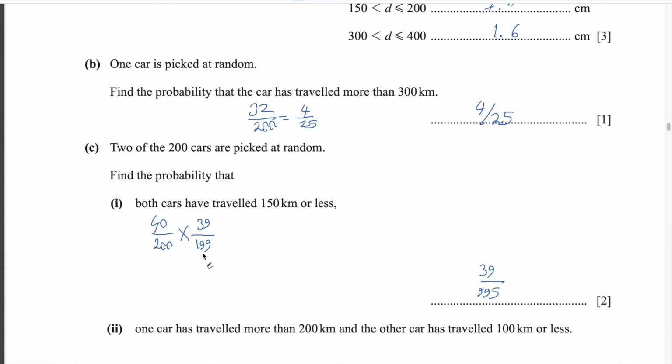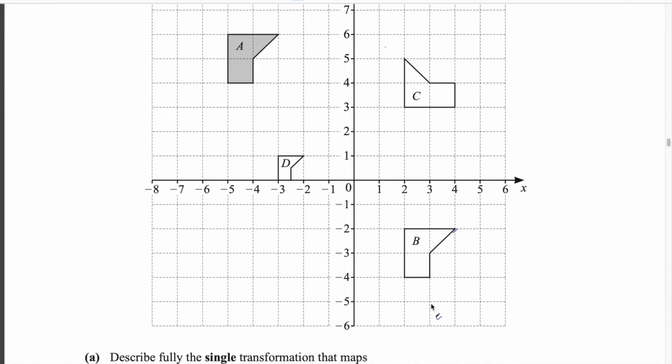So 84 over 200 times 7 over 199, because one car from the total has been removed. So it will become 147 over 4975.